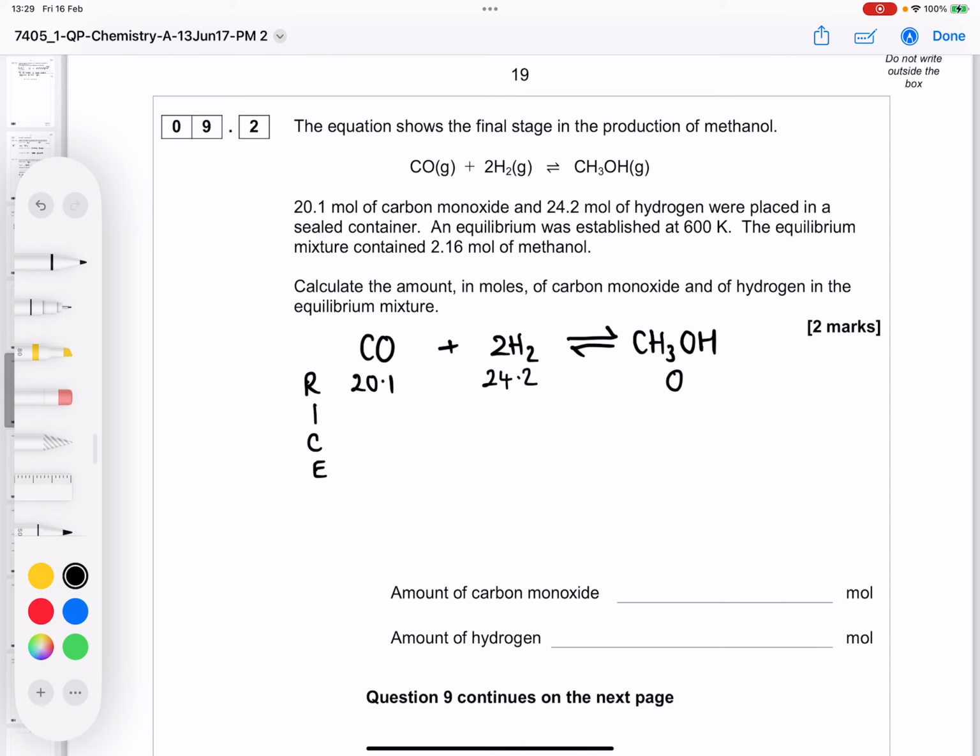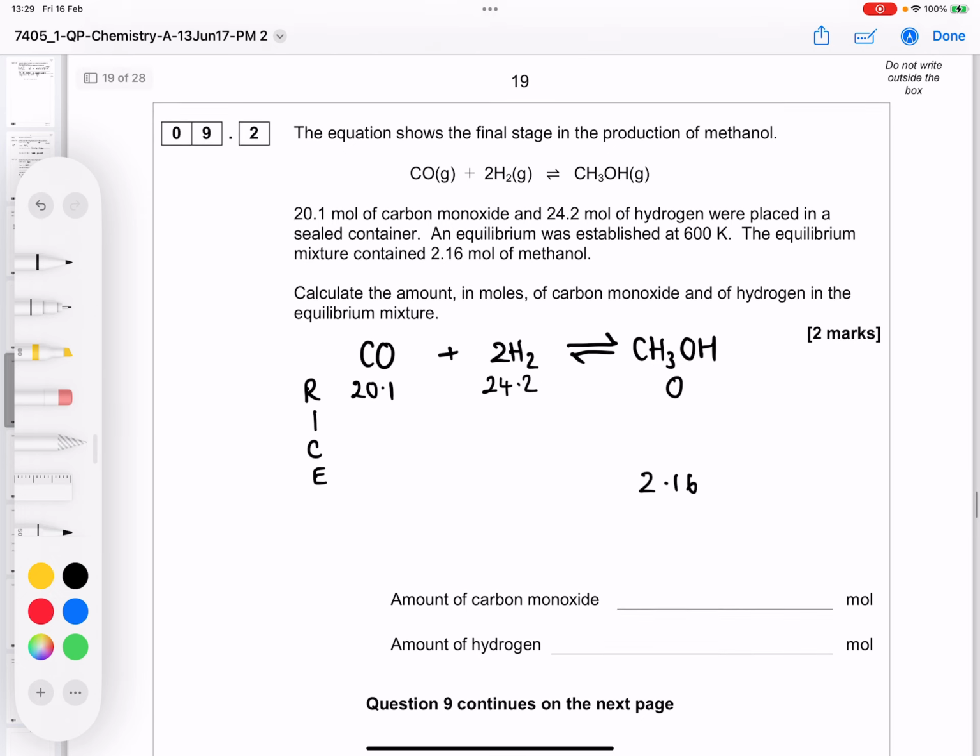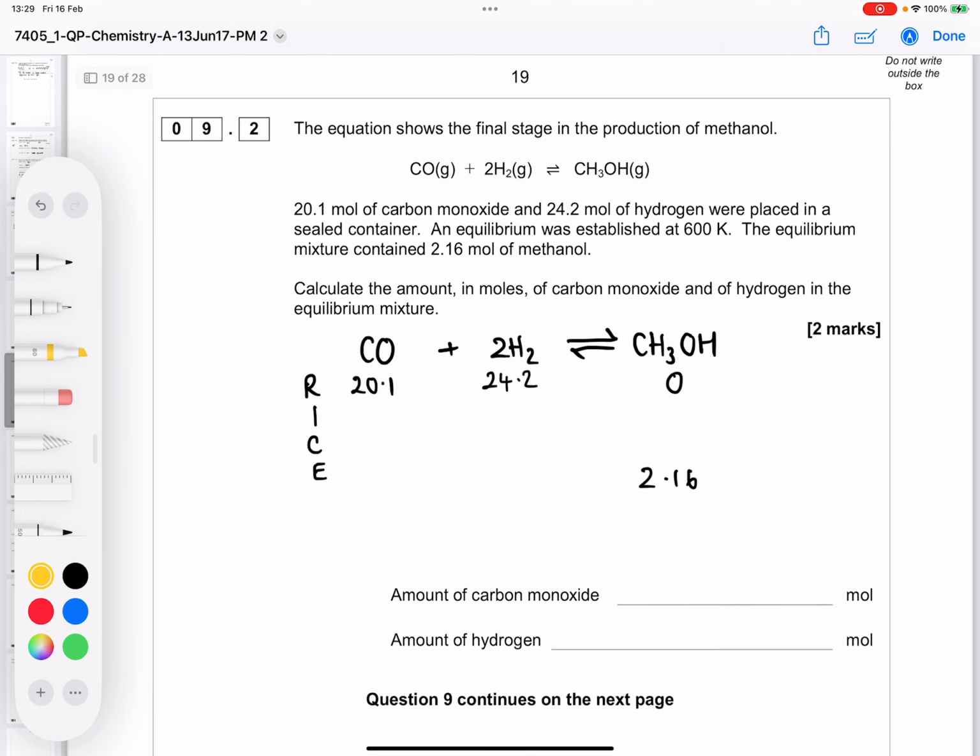And it says at equilibrium the mixture contained 2.16 moles of methanol. I've just noticed that I've put my initial amounts in the ratio line, so let's move those down. They should be in the initial amounts.